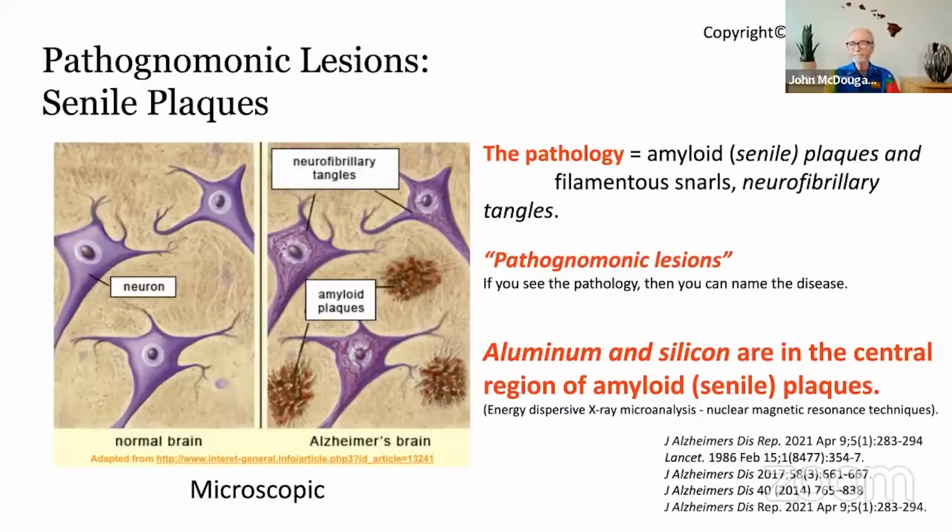Okay, so you're with me so far. You've got to have aluminum silicate to have a plaque. You've got to have these pathognomonic lesions, the senile plaques, the neurofibrillary tangles, the beta amyloid, tau proteins. So you call them what you want, it doesn't make any difference. The antibodies are made to try to clean up the garbage left after the inflammation. You're with me.